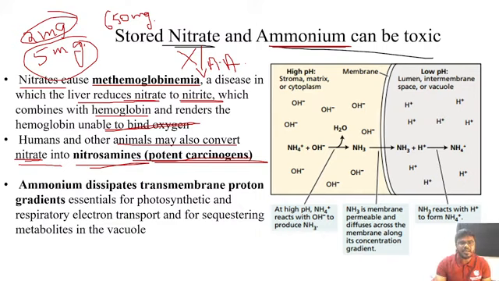So all of you listen, if ammonium is stored, it can destroy the entire photosynthetic machinery and the entire electron transport machinery also. So my friends, it is not at all ideal that ammonia can be stored. Now you only try to understand how ammonia is going to destroy everything.